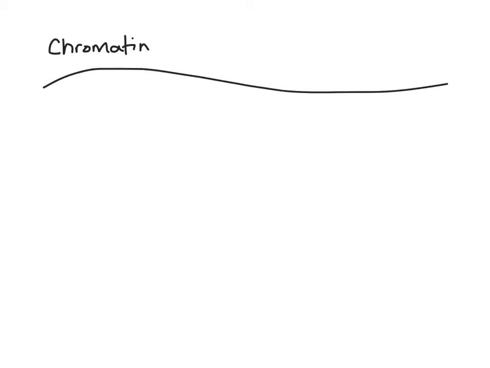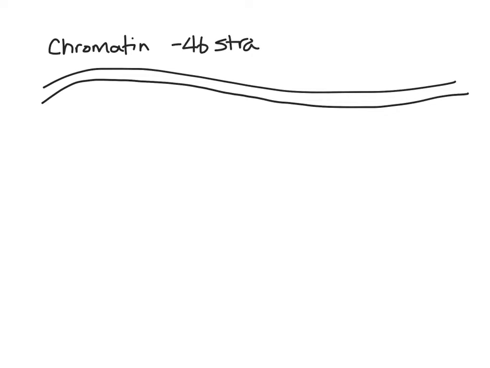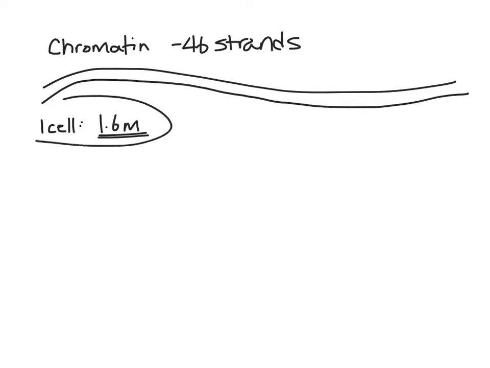And the other really cool thing, when you think about that, is 3.1 billion base pairs. So in those strands, which we call our chromosomes or chromatid, chromatin, when you look at chromatin, it stretches out very long, and remember we have 46 strands. If you were to link them and stretch them out for one cell, you'd be looking at about 1.6 meters stretched out for one cell, okay?